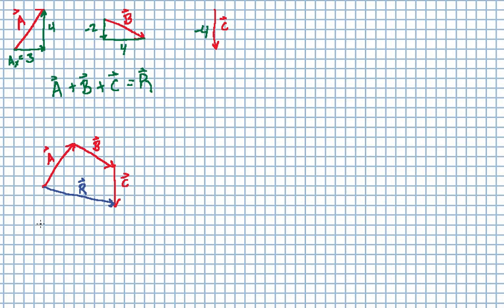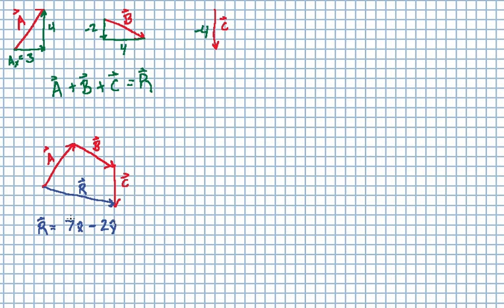So I could say that R is equal to its Rx component, which is 7, in the x direction, and then down 2 in the y direction.